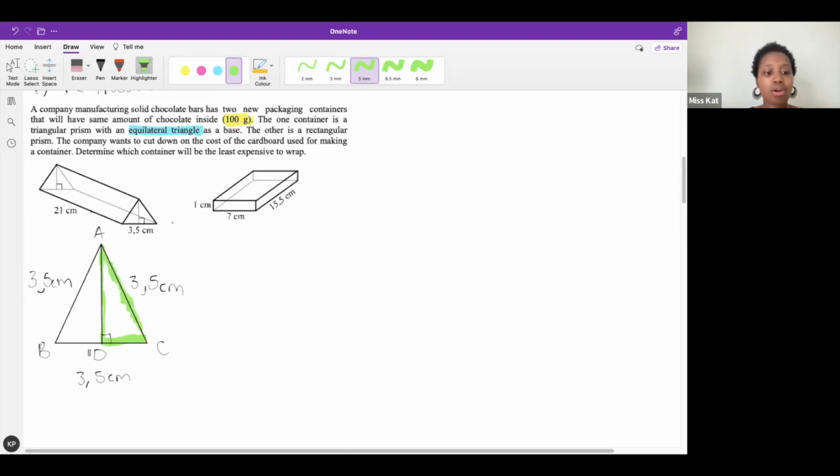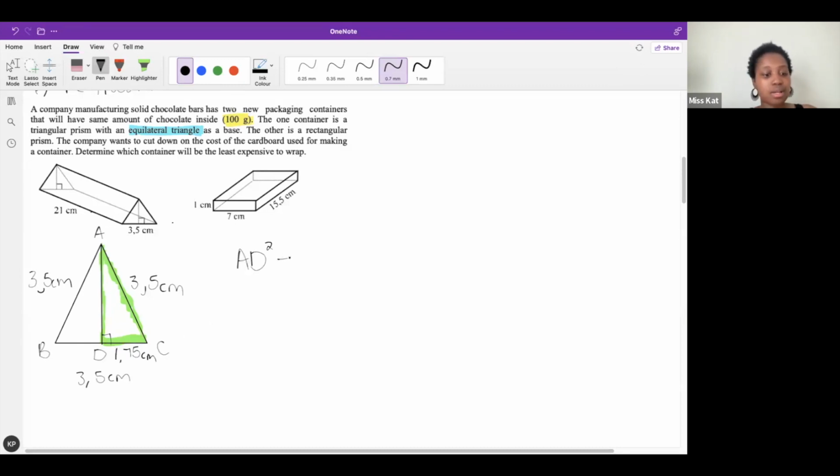How long is the length of DC? If we know the whole base is 3.5 centimeters, then DC is how long? Thank you very much. It's half of that, which is 1.75 centimeters. Now let's do Pythagoras.